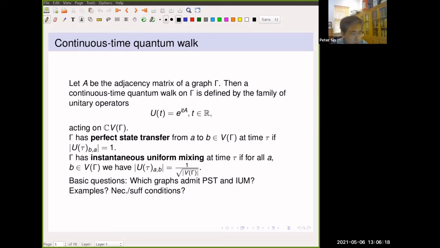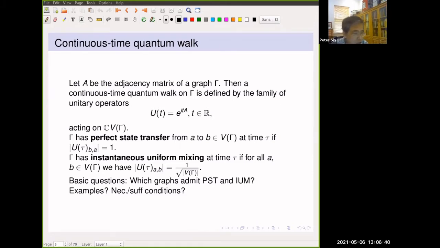Then of course the basic questions we'd be interested in are which graphs admit perfect state transfer and instantaneous uniform mixing. We're looking for examples, and we're looking for necessary conditions and sufficient conditions.